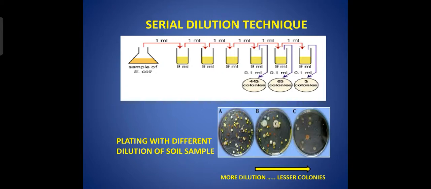After incubation, you can see the colonies where 10 raised to -1 tube shows more colonies compared to 10 raised to -10 tube. Colonies will become lesser when dilution increases. More the dilution, lesser the colonies.